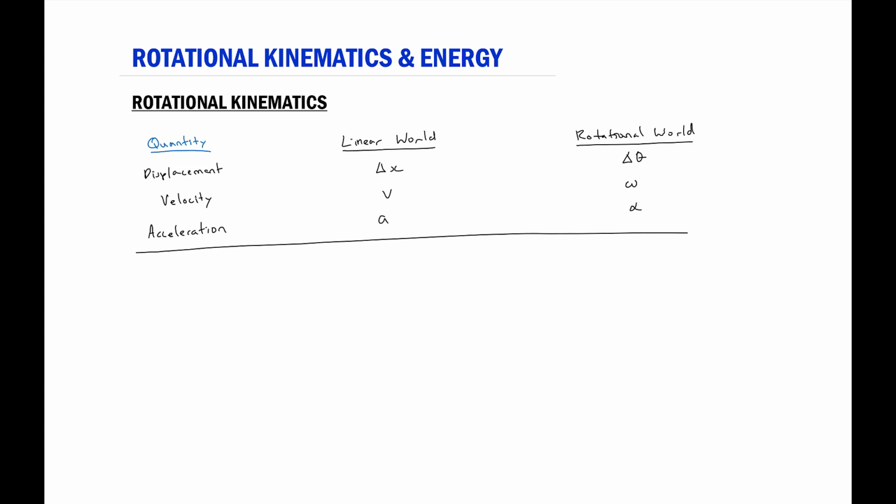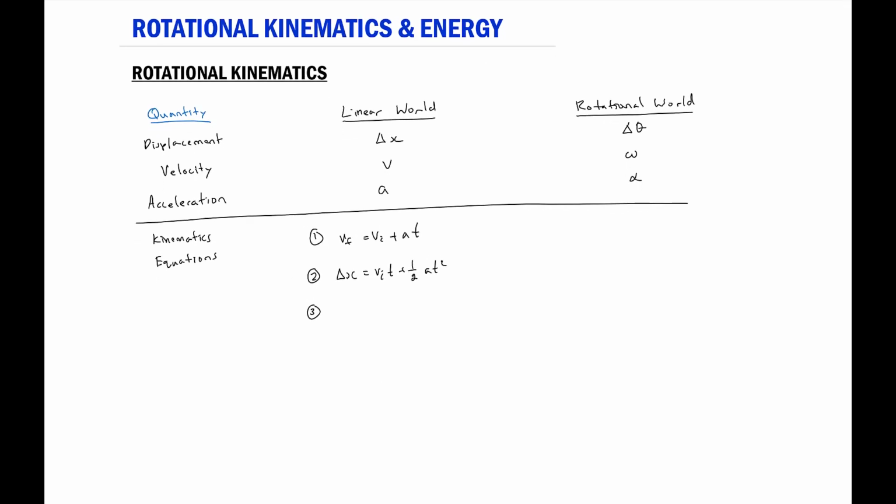Now let's look at some kinematics equations. We had 5 different kinematics equations. Our first one was Vf equals Vi plus at. Our second one was delta x equals Vi t plus 1/2 a t squared.